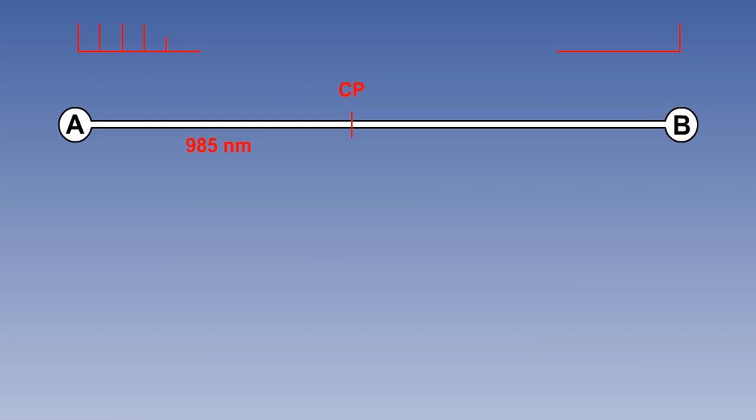Let's check the algebra out now. If the distance to the critical point is 985 nautical miles, and the total distance d is 2050, simple subtraction tells us that d minus x, the distance onwards from the critical point, is 1065 nautical miles.